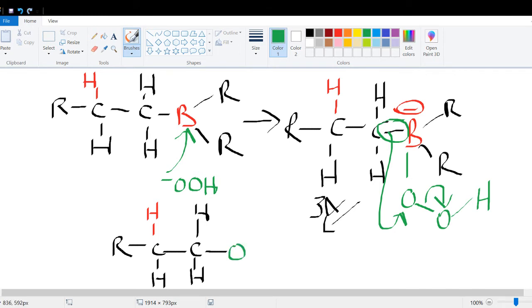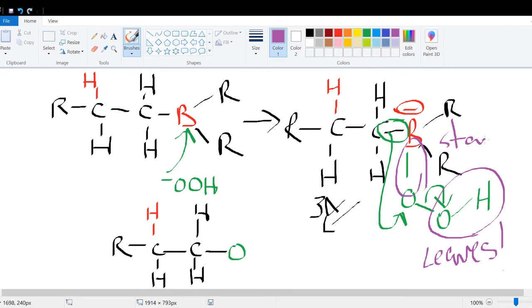And what I want you to notice is what actually changes on the oxygen. I'll put this in purple. So this leaves. This stays. Literally, that oxygen-boron bond hasn't gone anywhere.